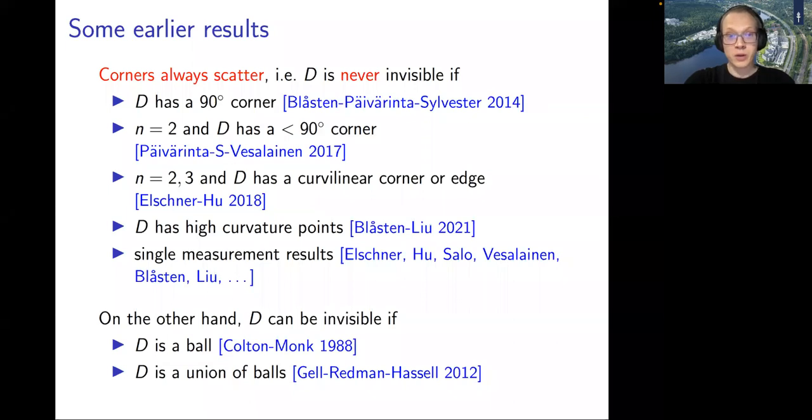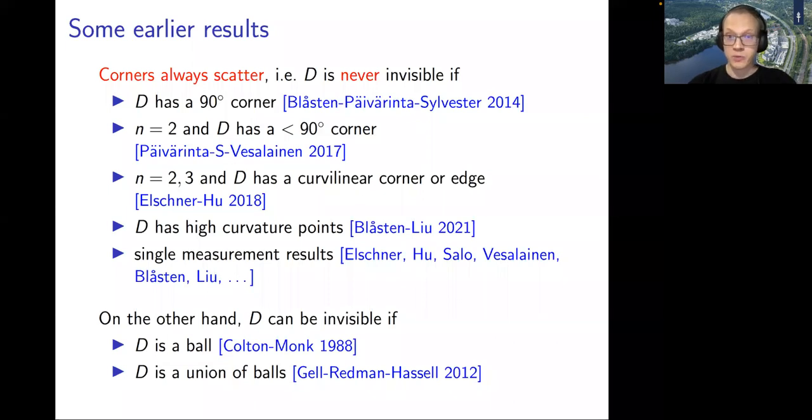Another method was introduced by Elschner and Hu, which is based on the theory of boundary value problems in corner domains, using some special weighted spaces which are relevant for that case. They show that if the dimension n is 2 or 3, and if this obstacle D has a curvilinear corner or edge, then it can never be invisible. So these kinds of corners also always scatter.